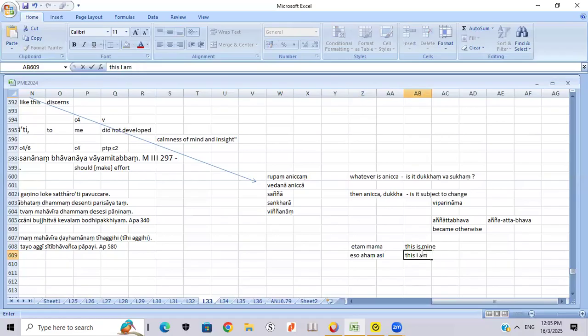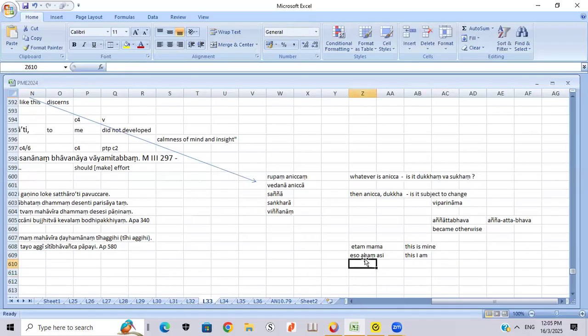Whatever rupa you cognize, by the ear, eye, is subject to change, is dukkha, is viparinama, it becomes otherwise. Then do you consider this is mine, this I am? If you are doing this after the fourth jhana, most likely you can penetrate through. Not while you are not having any jhana.